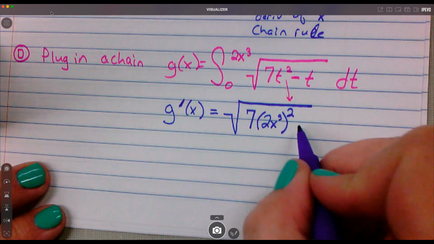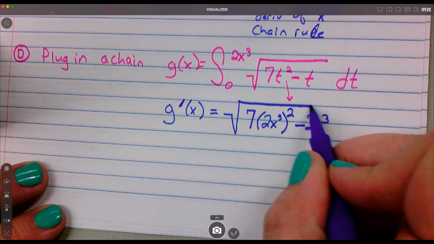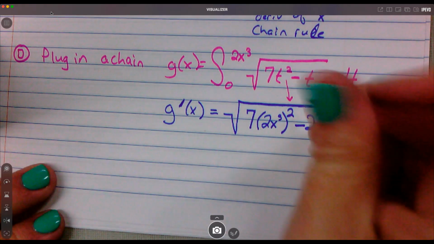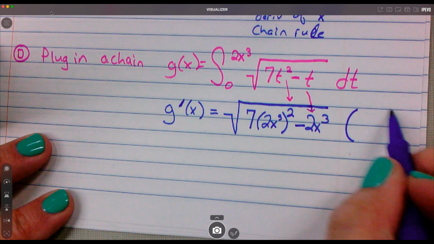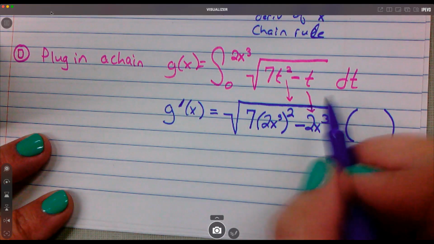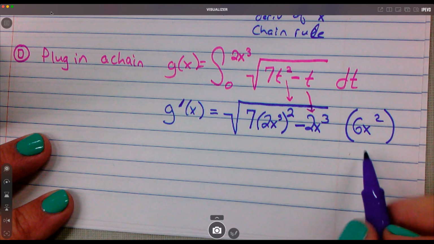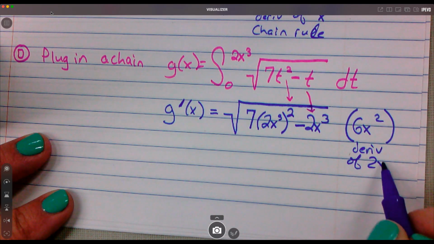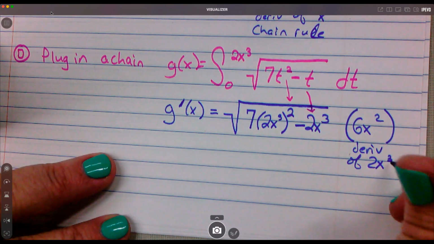And then just minus 2x to the power 3 because the other one was just a plain old t. And then big parentheses outside, right? Not even inside the square root. We're going to chain rule this. That's a 3.